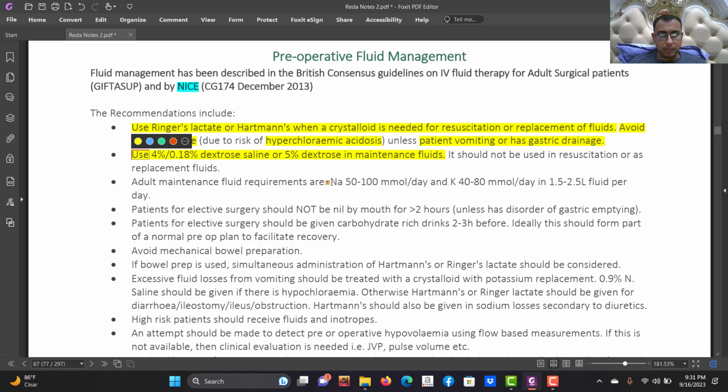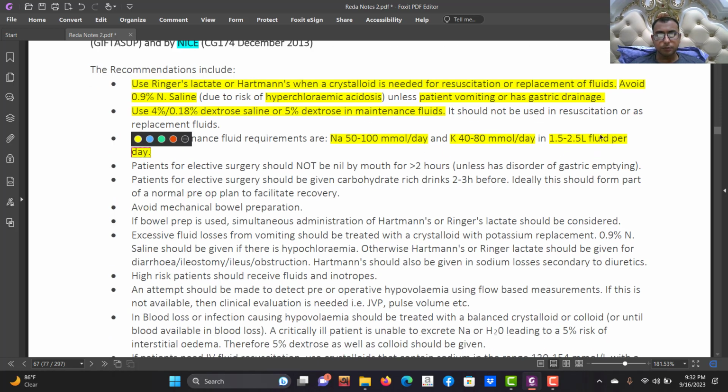Now in an adult, a patient needs 50 to 100 millimole per day of sodium and 40 to 80 millimole per day of potassium, and 1.5 to 2.5 liters of fluid is necessary per day. So sodium and potassium are very important, you should remember that.